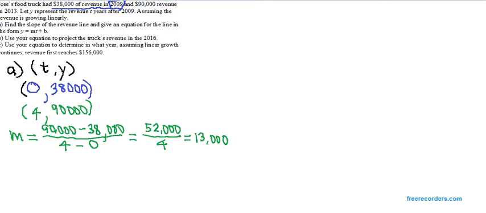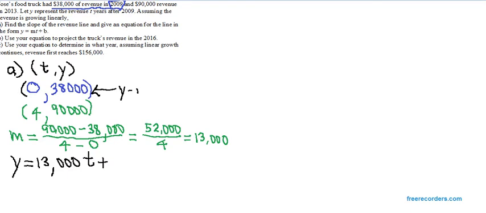Now, it also wants us to find the equation of the revenue line in the form y equals mt plus b, so we know that it's going to start y equals 13,000t, and then we need plus the y-intercept. Now, the y-intercept happens to be this point right here.